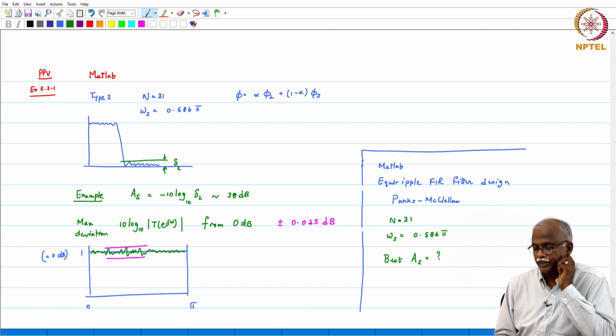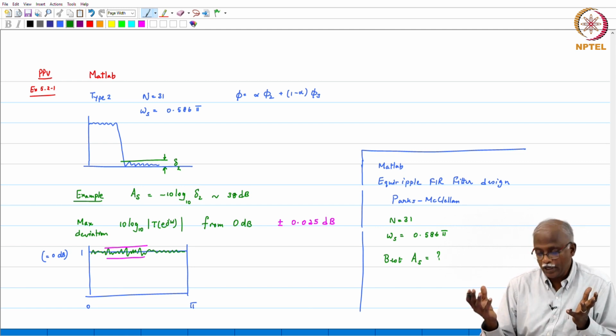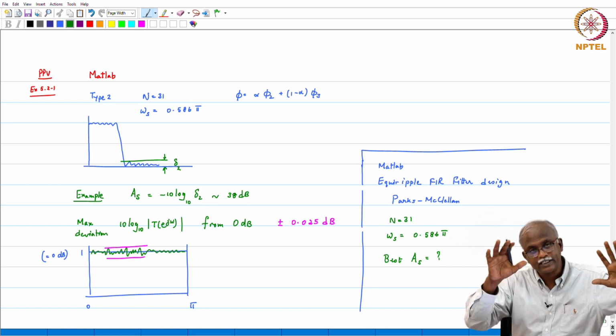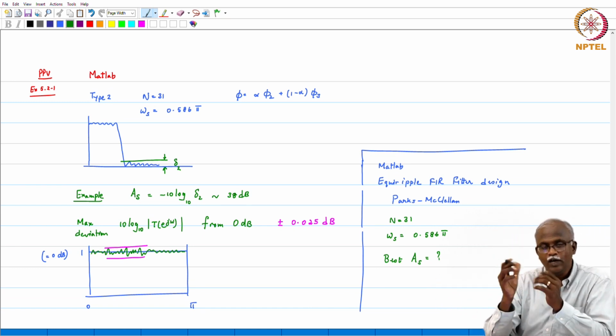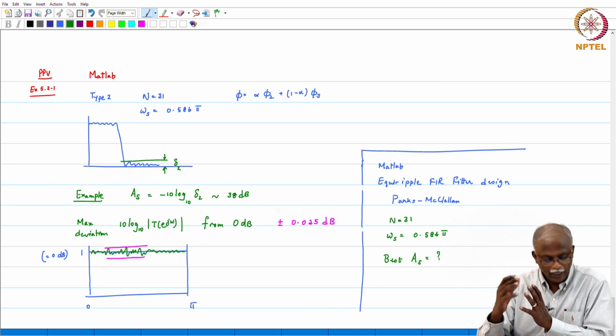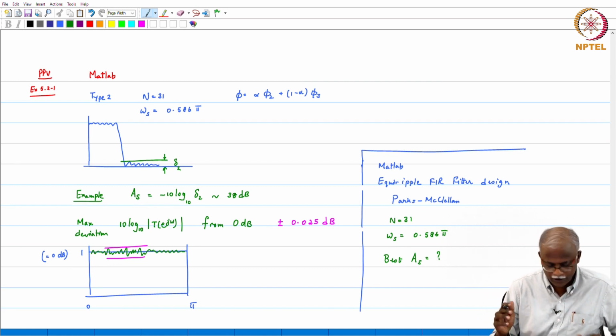What is the best stop band attenuation? So you can just get a feel for if you did not have the flatness constraint, what would the filter design look like? If you had the flatness constraint, what would the filter design look like? And therefore we are able to get the response.